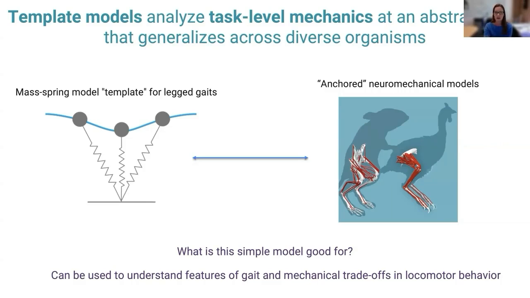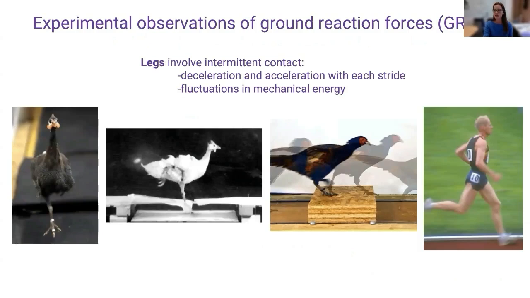Okay. So why do we need this model? It seems very simple, but in fact, it's useful because despite the apparent simplicity of bouncing gaits across organisms, it's actually pretty complicated to try to predict what the ground reaction forces will look like for a given motion. Because legs are not wheels, right?